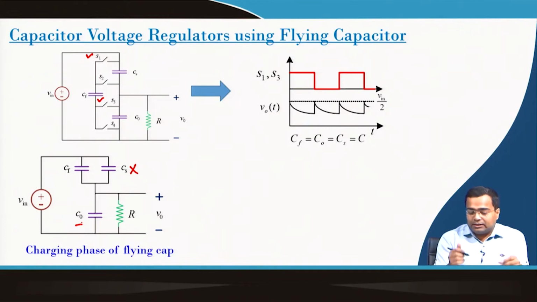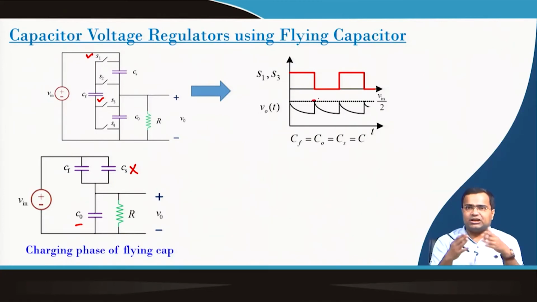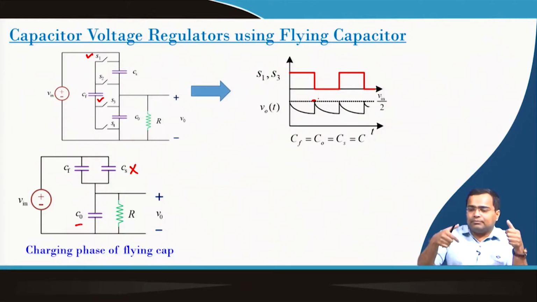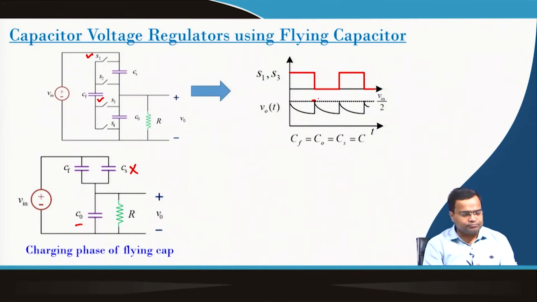But the moment we connect the flying capacitor, there is a discrete jump in the voltage and it will reach Vin by 2, that can be proved using the charge balance equation. But if you wait for some time, then the same problem happens, the voltage across the flying capacitor will build up and the voltage across the output capacitor will go down, but the total voltage across the two capacitors will be constant, which is nothing but the input voltage.